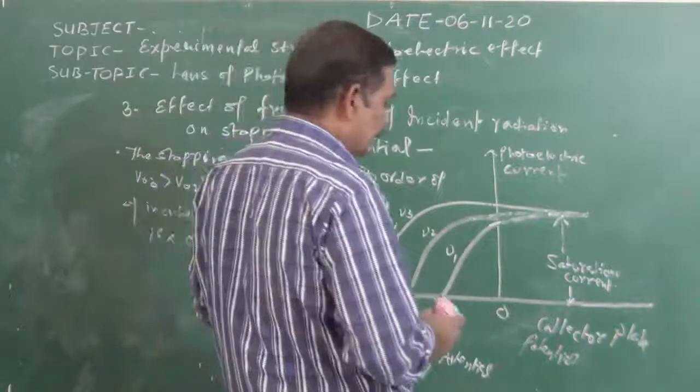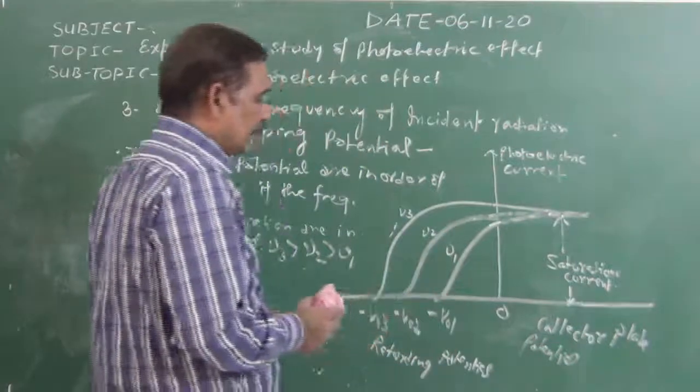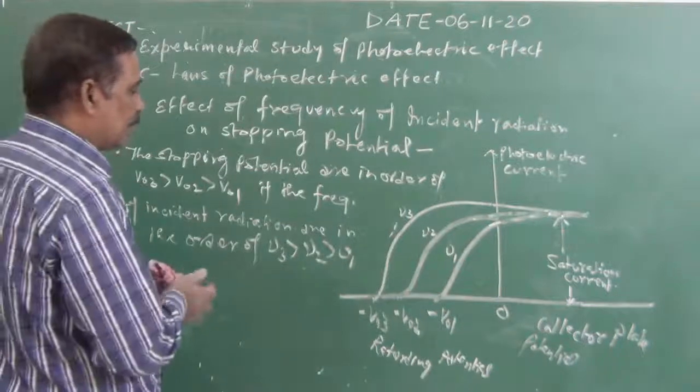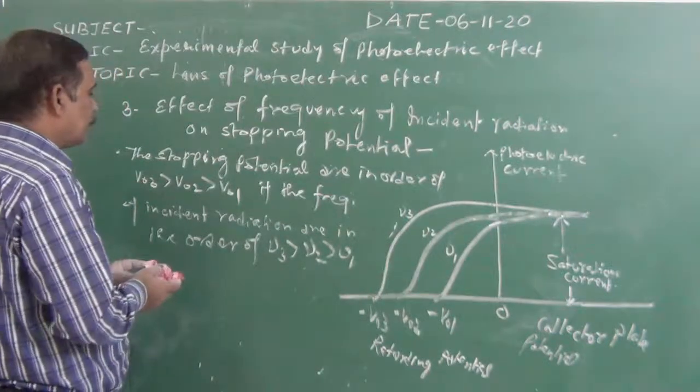So from this graph it is clear that greater is the value of frequency, greater will be the maximum kinetic energy of photoelectrons.